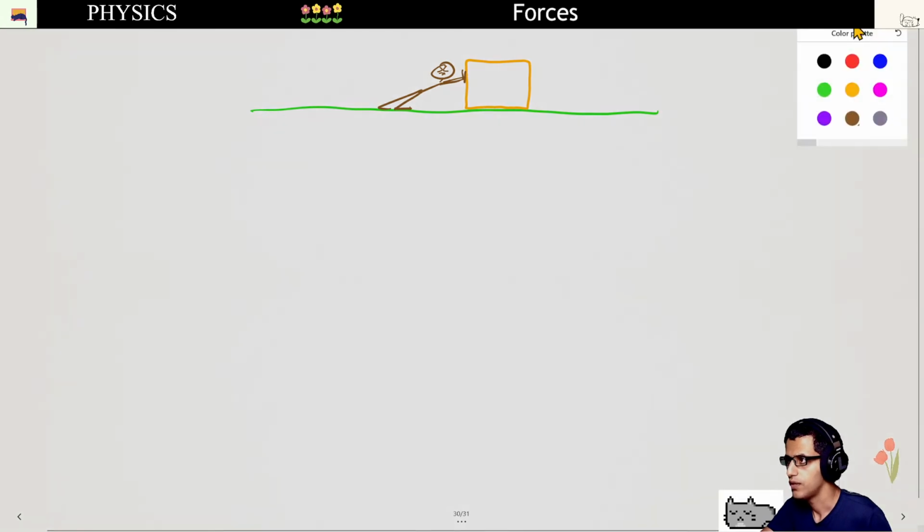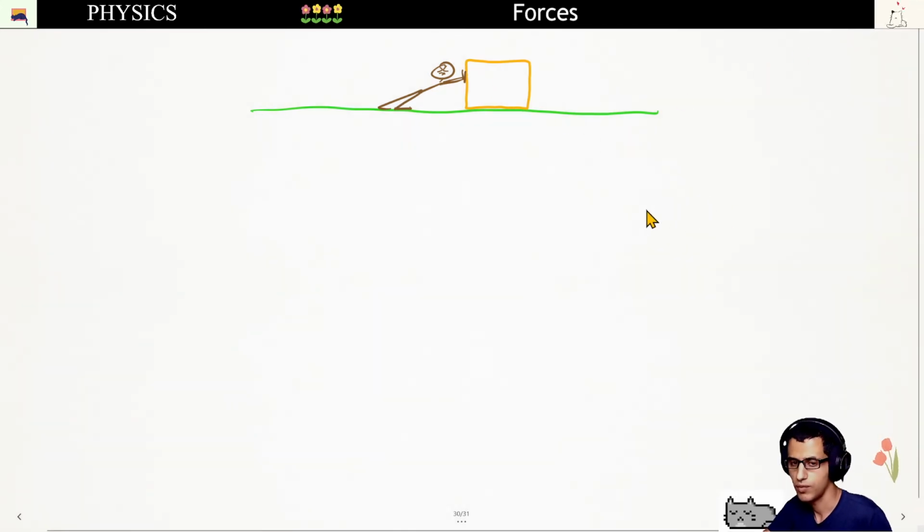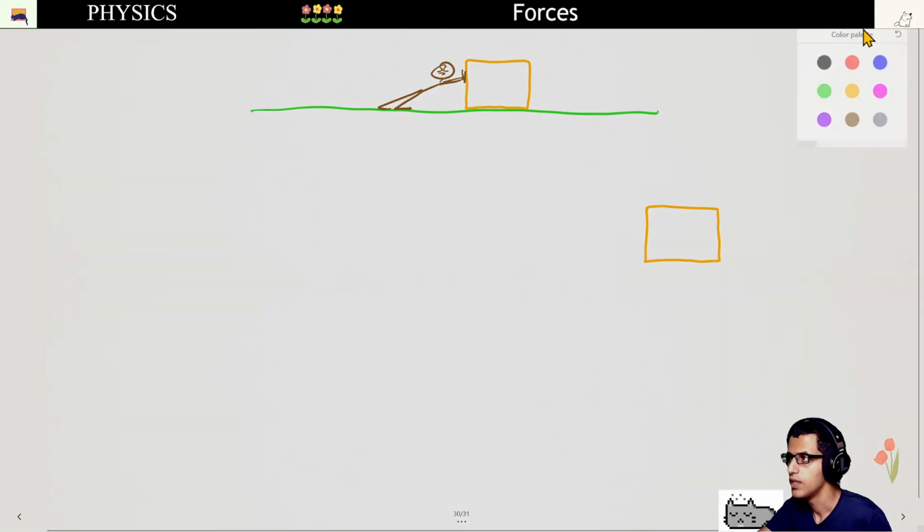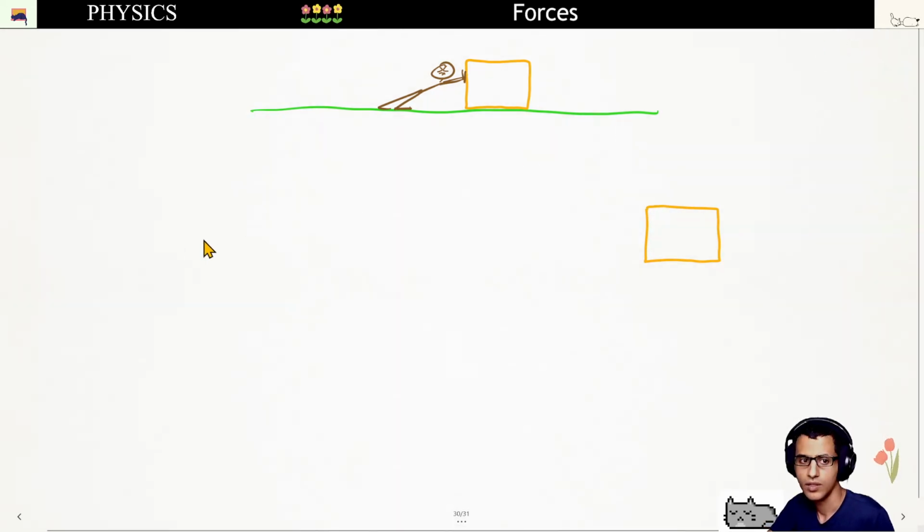I'm going to draw the forces on the box first. Actually, to make this maybe a bit clearer, let's separate these 2 things. I'm going to draw the forces for the box over here. I think it'll be neater. And we'll draw the forces on the person over here.